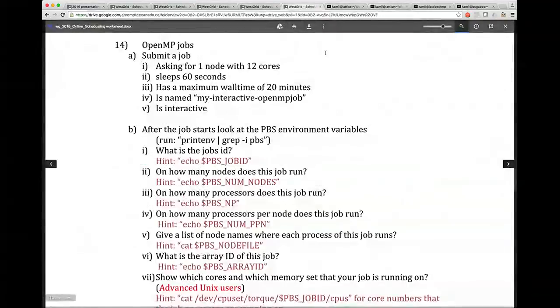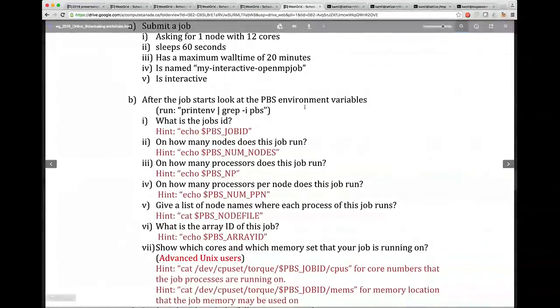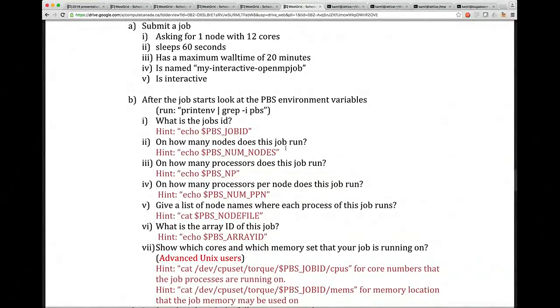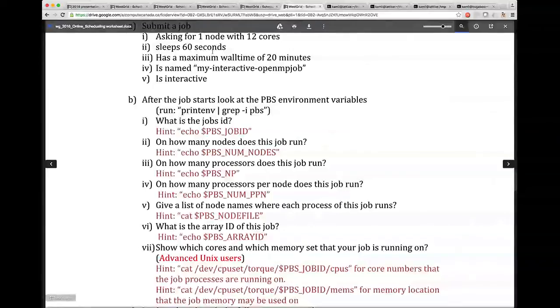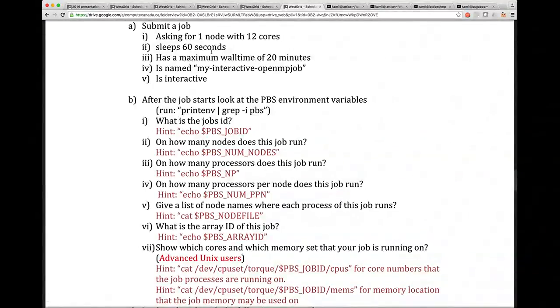So I've been informed we're somewhat over time, quite a bit. Yeah, we can continue going through some of these examples. Tomorrow's class is basically going to be how to deal with memory.